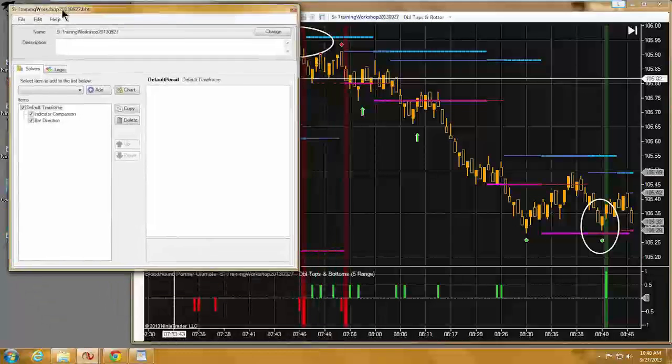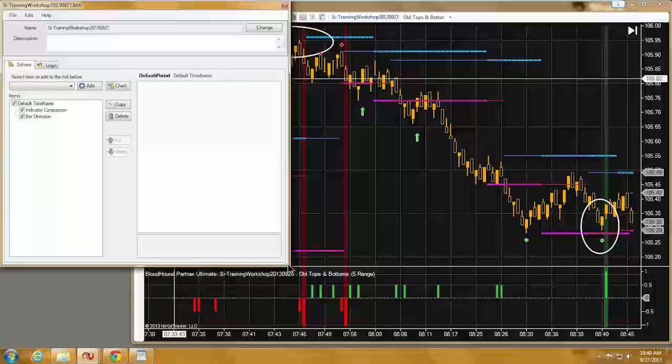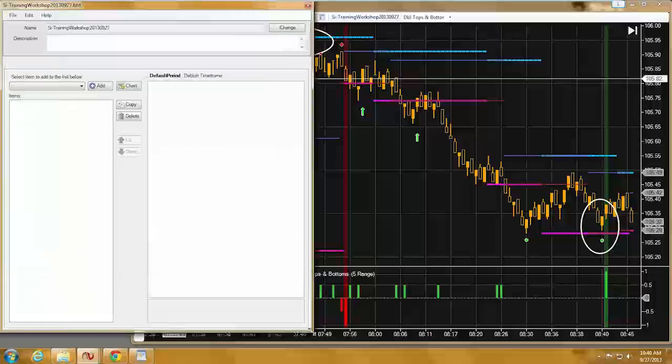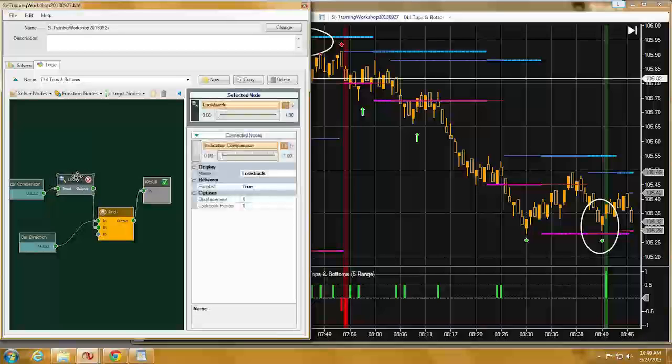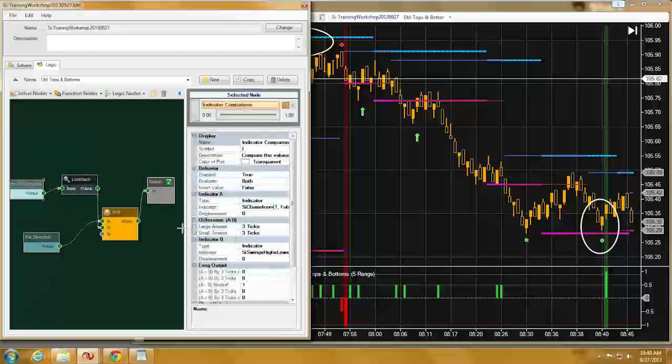Alright, so let me get my BloodHound window set back up again. What I need to do is go back into my comparison solver, and I should give this a name, shouldn't I?